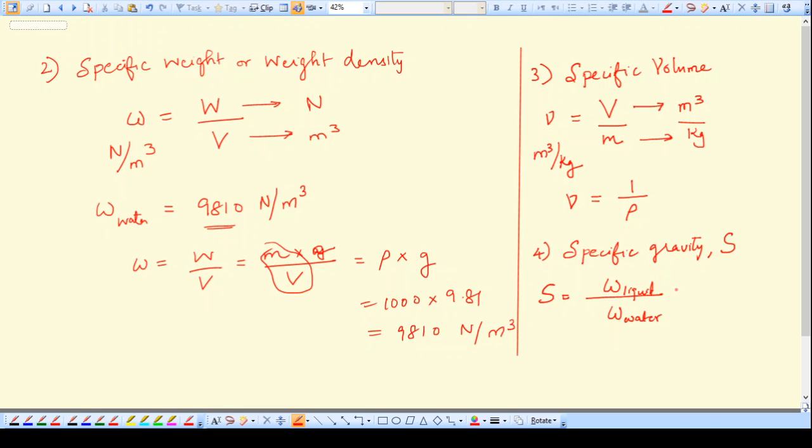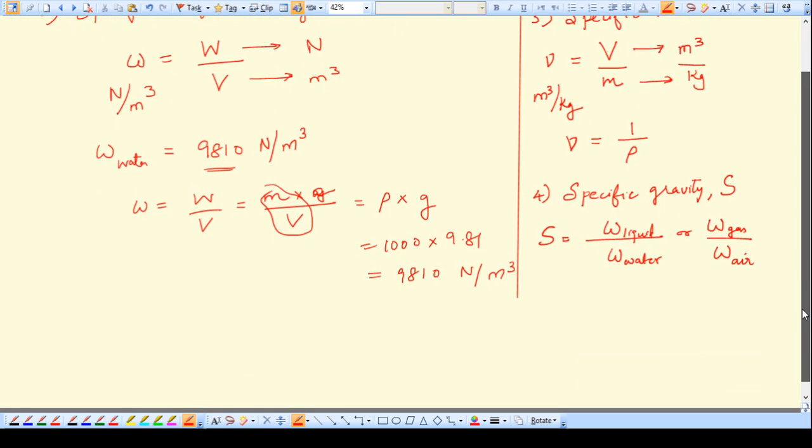If you are taking the specific gravity of a gas, then the formula can be written as the specific weight of the gas divided by the specific weight of a standard fluid. For a gas, the standard fluid is air. So this specific gravity has no unit.